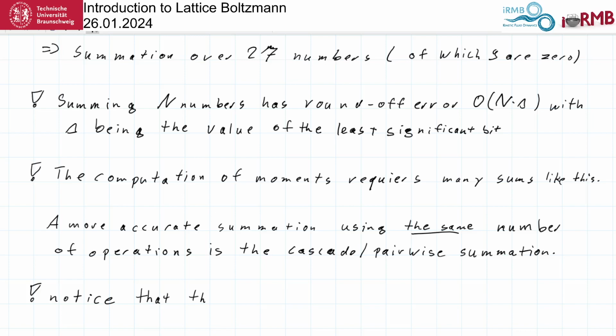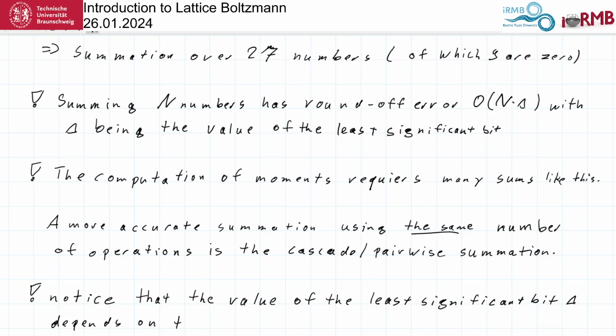that the value of the least significant bit, this is the thing that we call delta here, depends on the lattice direction.